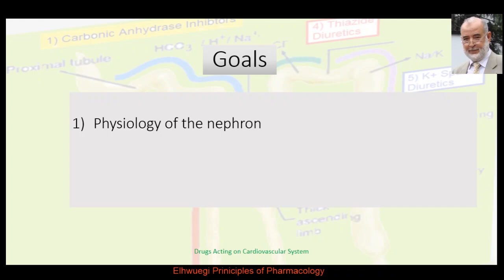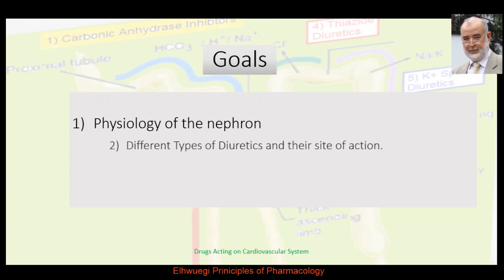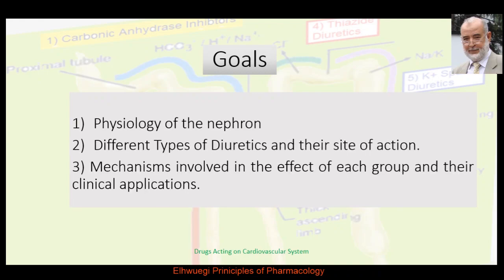Then we'll talk about what the different types of diuretics are and where they act, the site of action of these drugs. Then we'll talk about the individual diuretics, including the mechanism of action, the indications and contraindications, and other clinical applications.